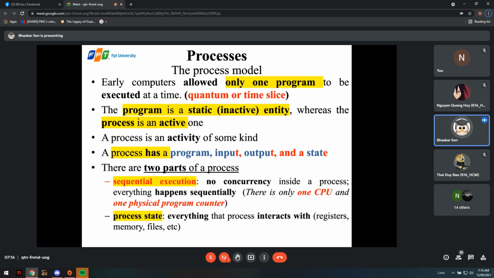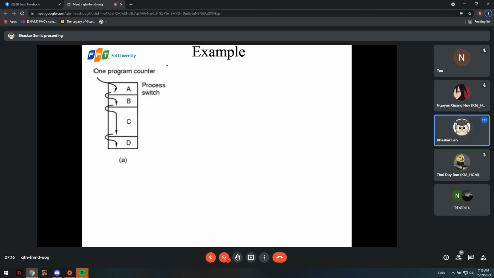And this state must be saved every time a process gets switched. So these basic ideas will help you to build a model of the process that we are working on.